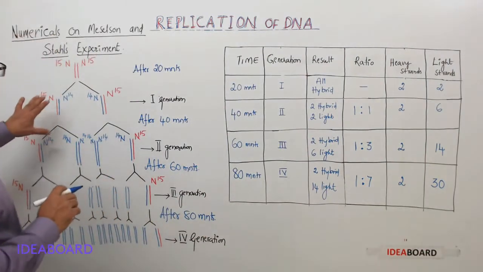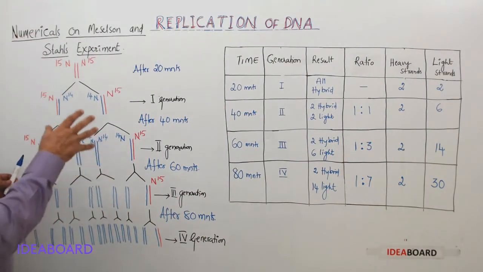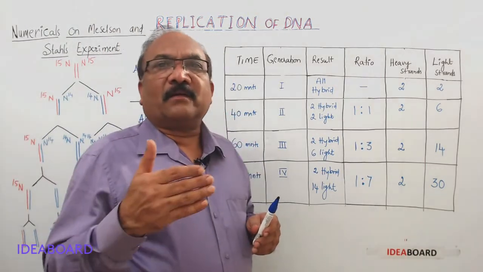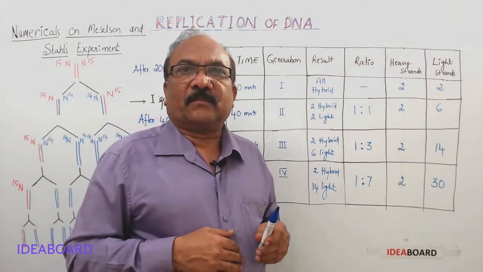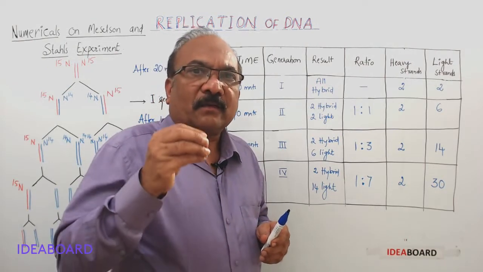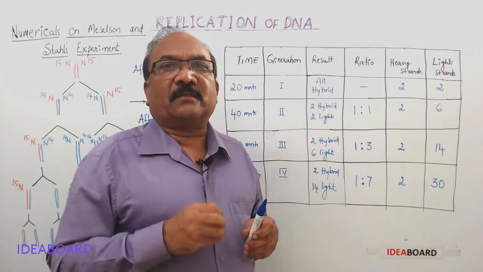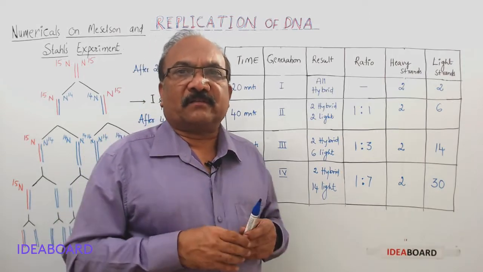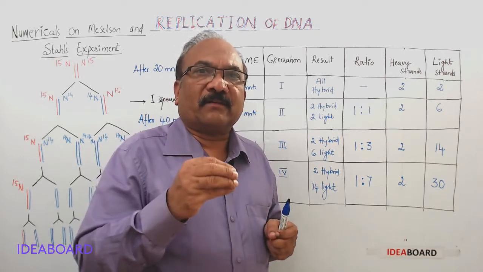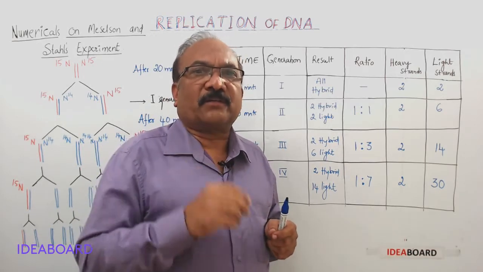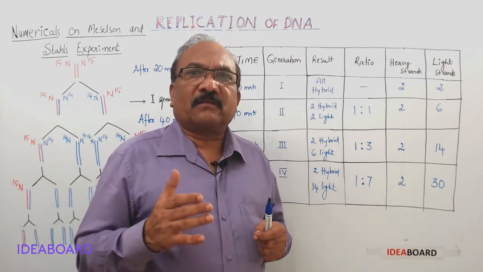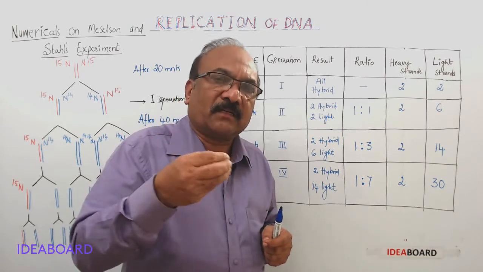Now the bacteria started dividing or multiplying. The common method of reproduction in bacteria is binary fission, and the time required for every binary fission is 20 minutes, in which the replication takes 18 minutes.